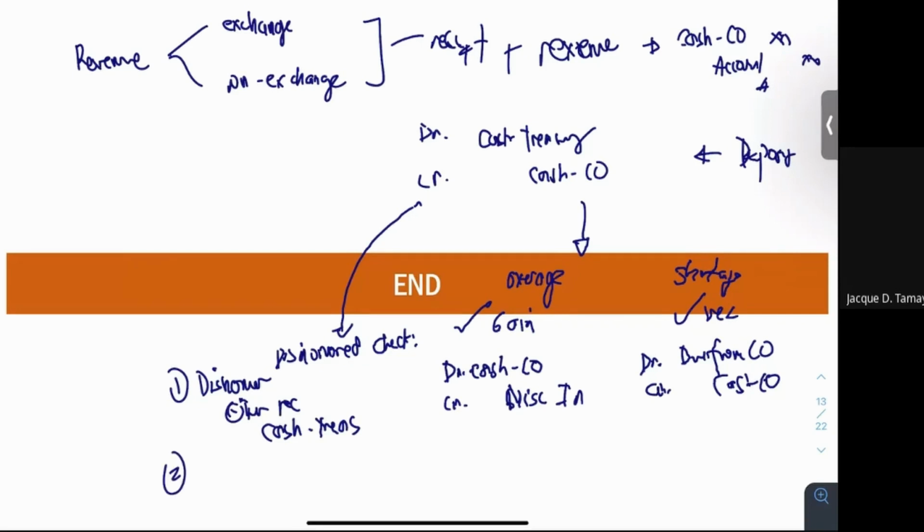And once the check is already replaced, we debit cash collecting officer, and then we credit your other receivables. And then lastly, that is now deposited.